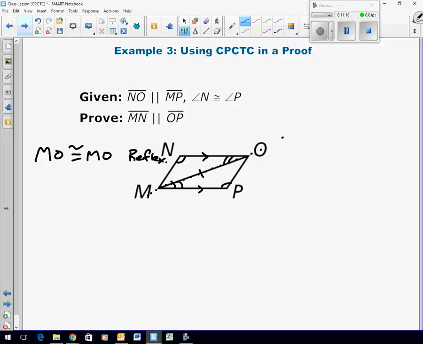What theorem am I going to use? Angle, side, angle? No, because the side is between the two angles. It's angle, angle, side.